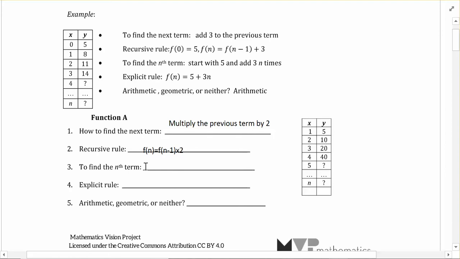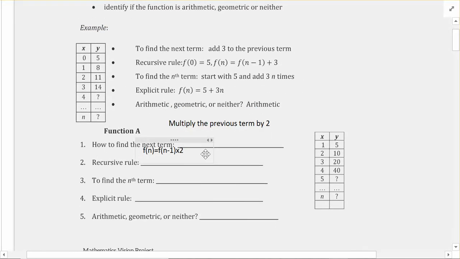Okay, so now how do you find the nth term? That's the same thing as asking what is it that you do to get the explicit rule.